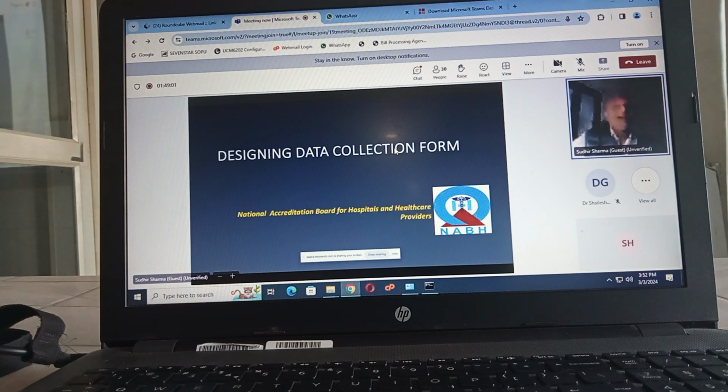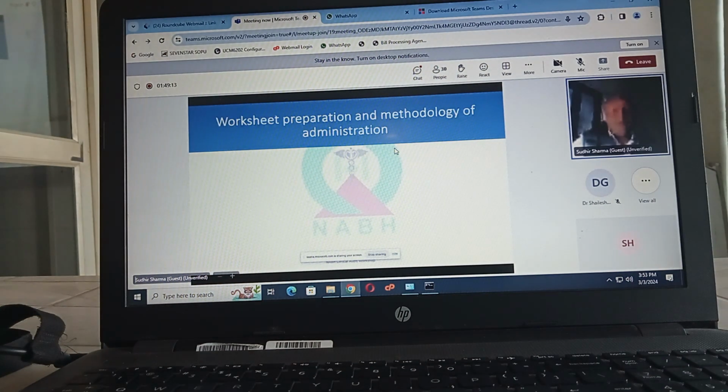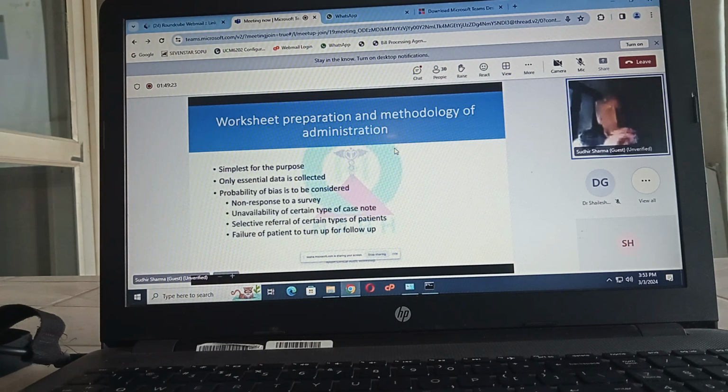So please make it simplest for people because everyone can understand. The IQ levels may vary. Please make it very, very simple. So be simplest and only essential data which fits these standards should be captured. And probability of bias is to be considered.